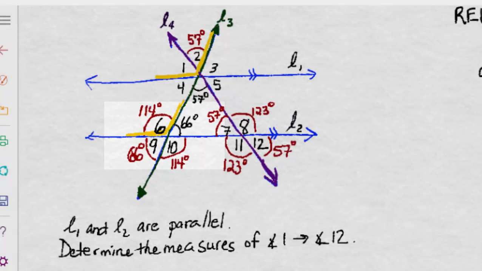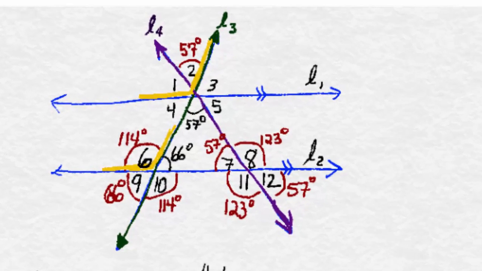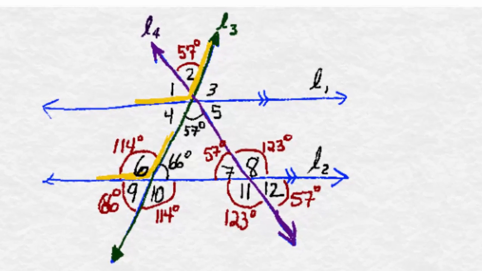Now let's turn our attention to the relationship between angle 6 and the combination of angle 1 with angle 2. I've highlighted these in yellow because you'll notice that they fit the description of corresponding angles. They're on the same side of the green transversal L3, and they're both on top of the parallel lines. This means that angle 6 is equal to the sum of angles 1 and 2.